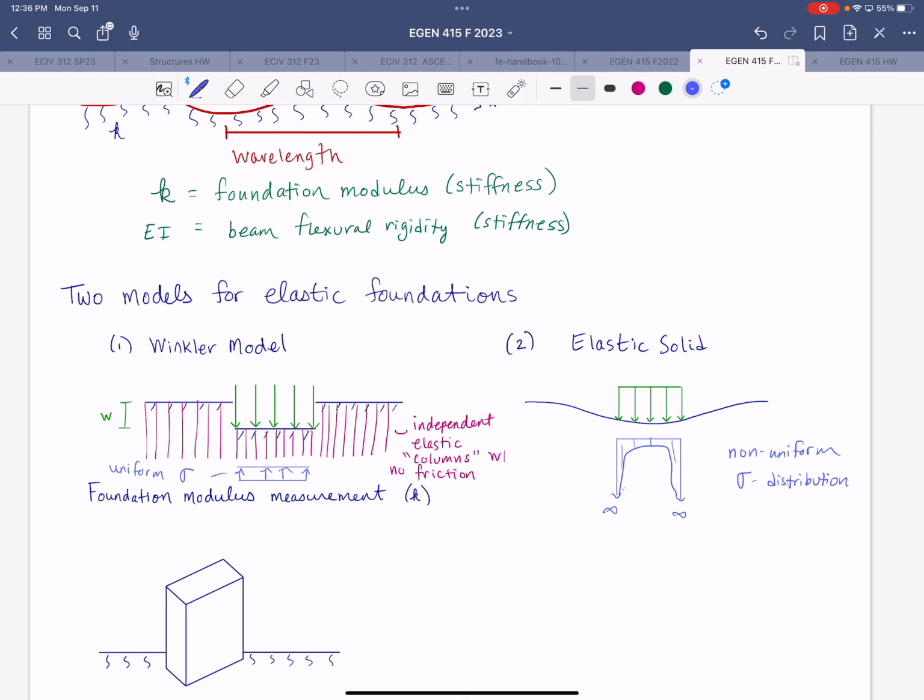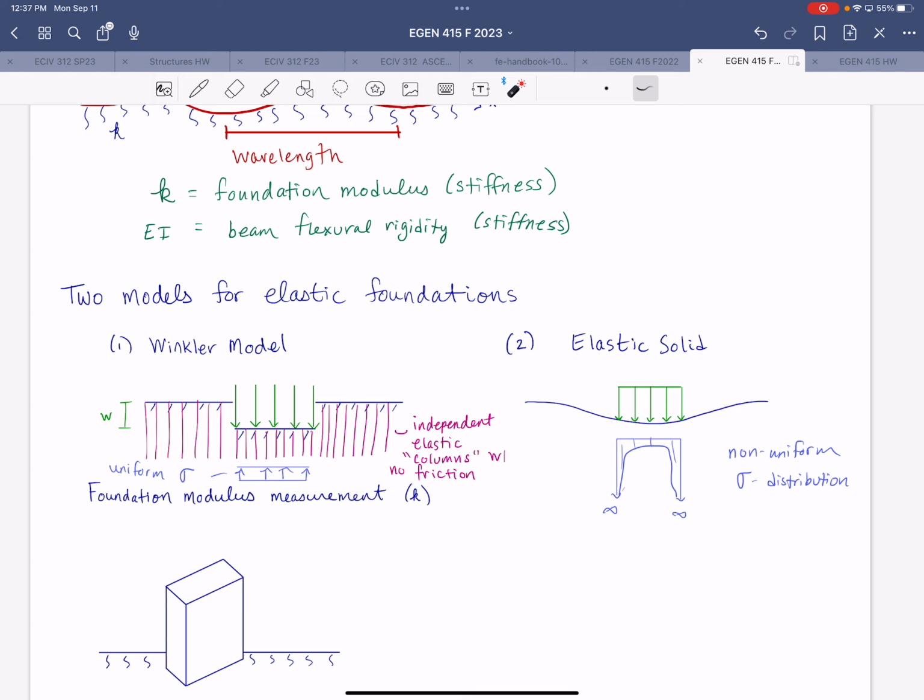Between those two models, since, as I mentioned before, soil is not a perfectly elastic material, it's viscoelastic in its behavior, both of these models would be imperfect. And so between those two imperfect models, it's ideal to choose the one that has an easier solution, which is the Winkler model.